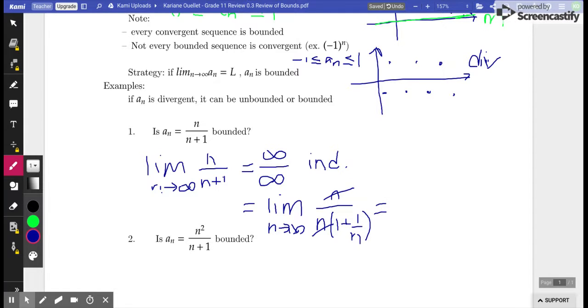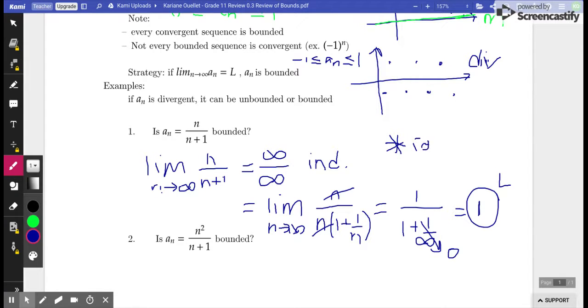Therefore, as I evaluate the limit, I'm going to get 1 plus 1 over n. This one goes to 0, meaning you're left with 1. This is a number. So our answer here will be that this is convergent, which means it is also bounded.